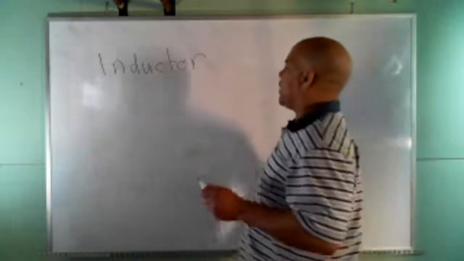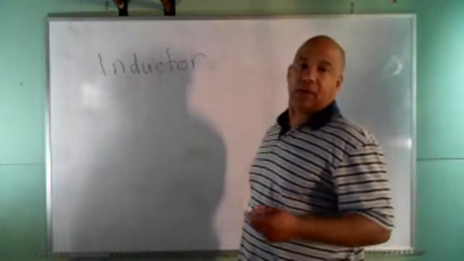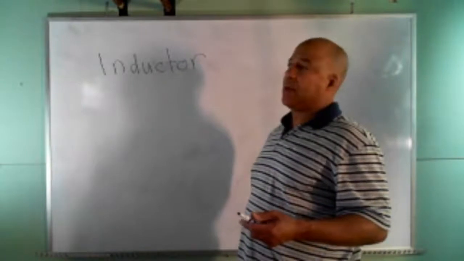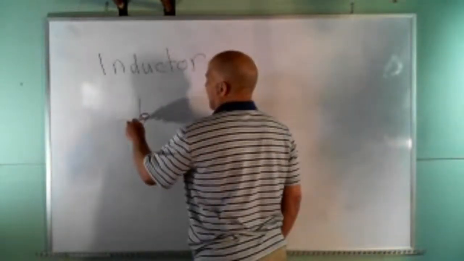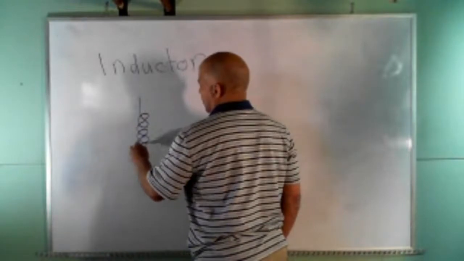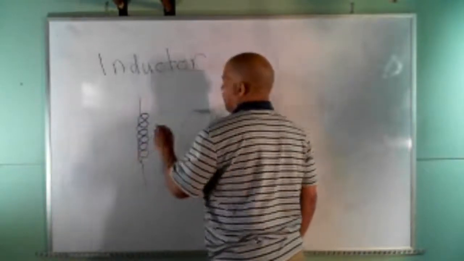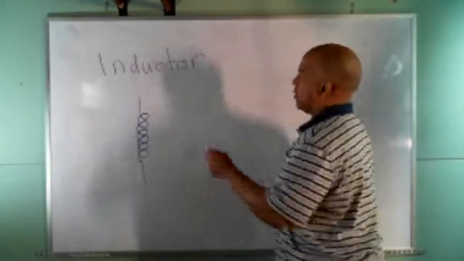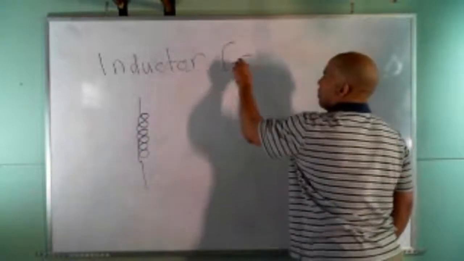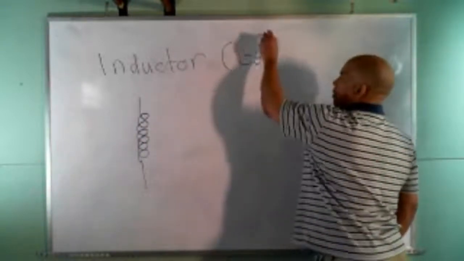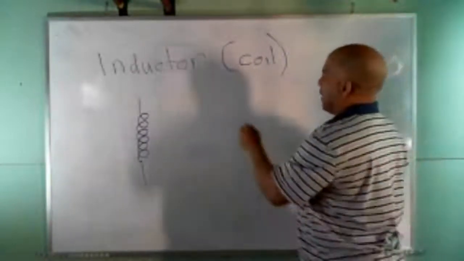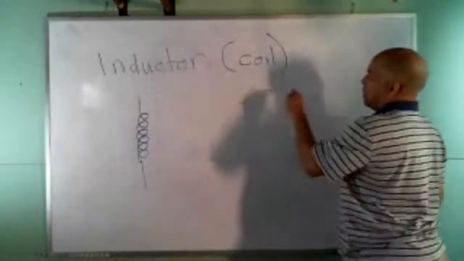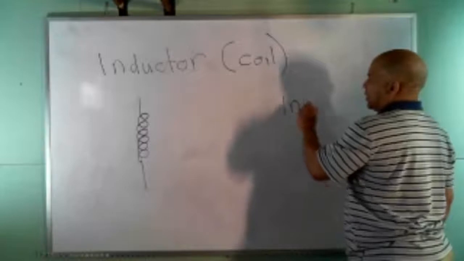An inductor really is just a piece of wire, but they usually coil the wire up. The device, the coil, is called an inductor, and its property is called inductance.